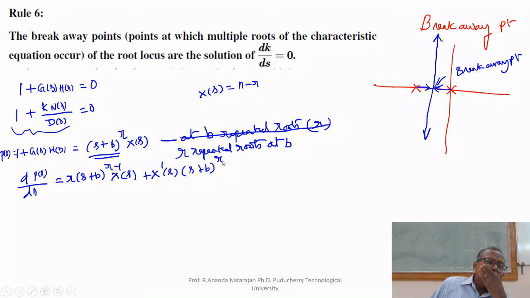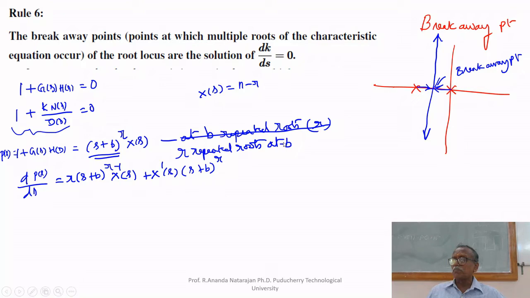Is it 0 for s equal to minus b? The repeated roots are at minus b, so the characteristic polynomial must be 0 at minus b.